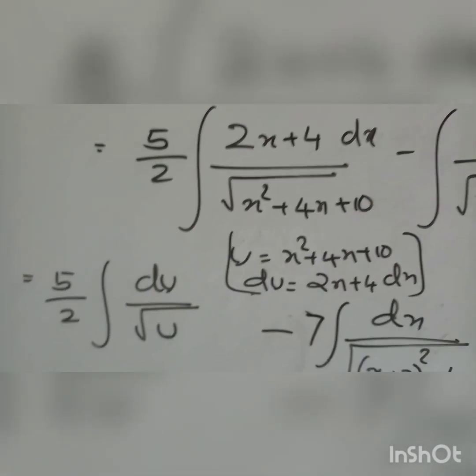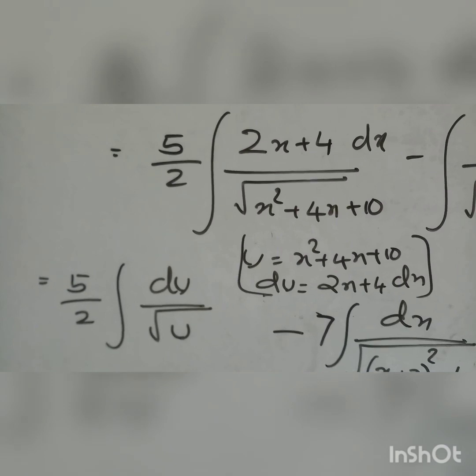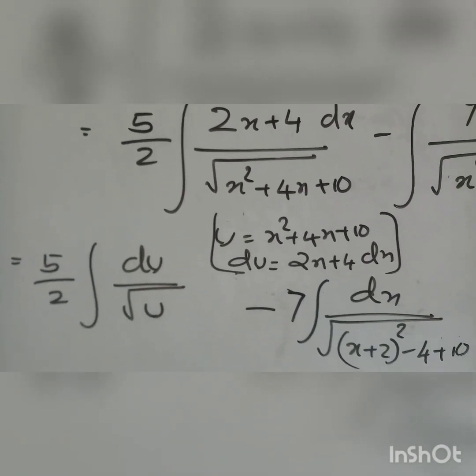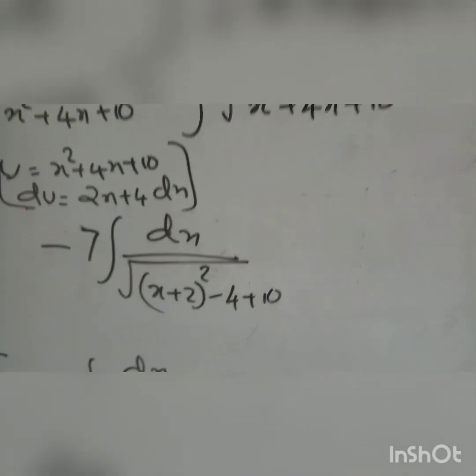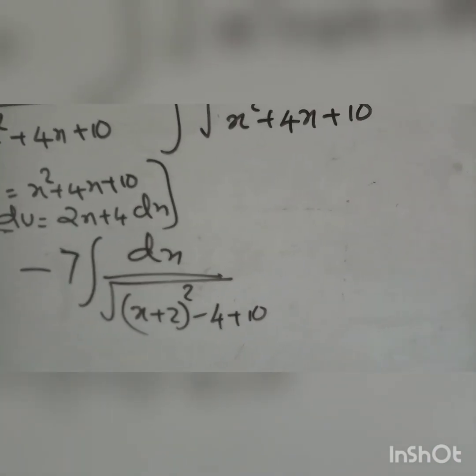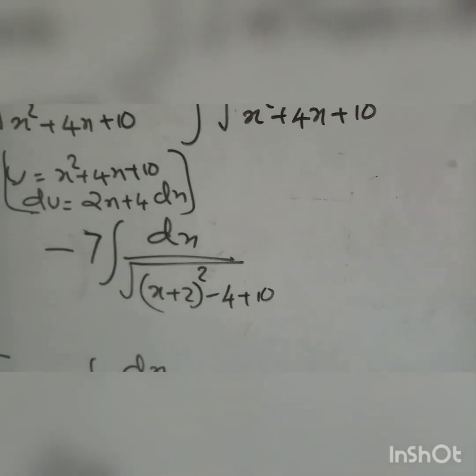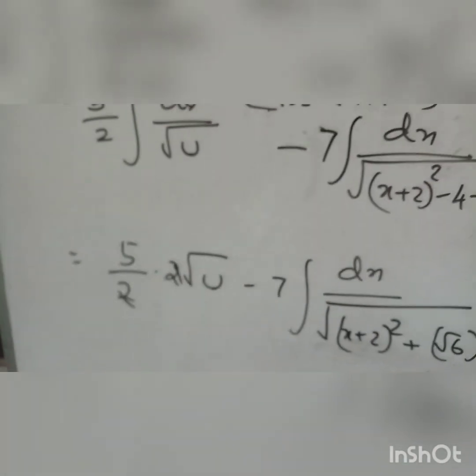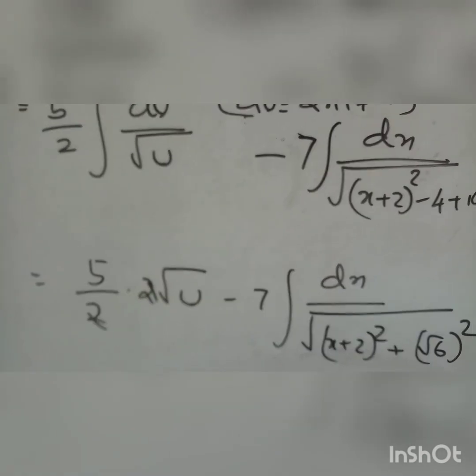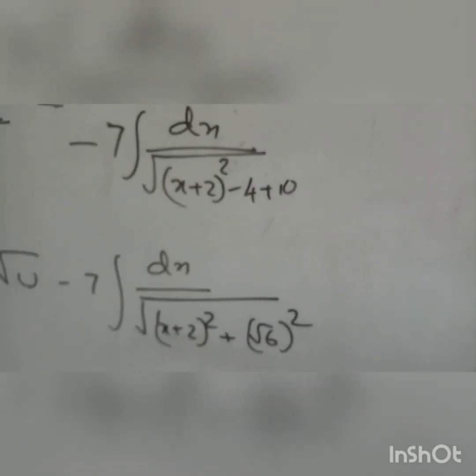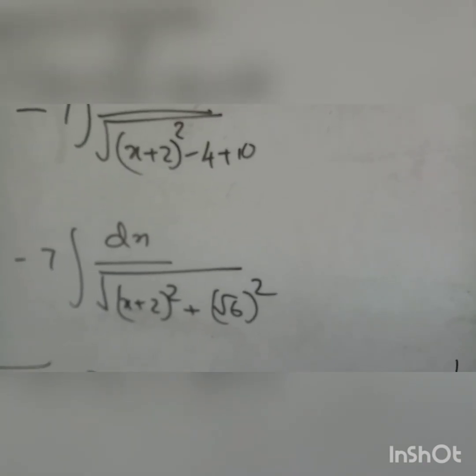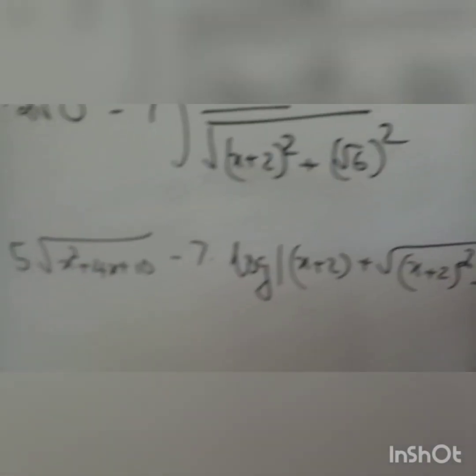That is our numerator. So the first part becomes 5 by 2 into the integral of du by root u, minus 7 into the integral of dx, by completing the square of the denominator, divided by root of (x + 2)² − 4 + 10. Now the answer of this one is 5 by 2 into 2 root u, minus 7 into the integral of dx divided by root of (x + 2)² + (root 6)².